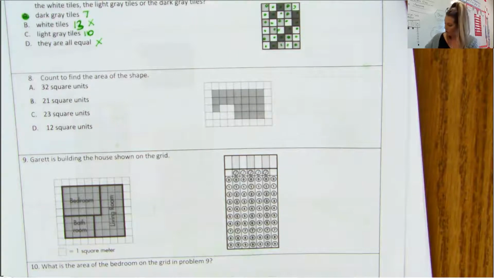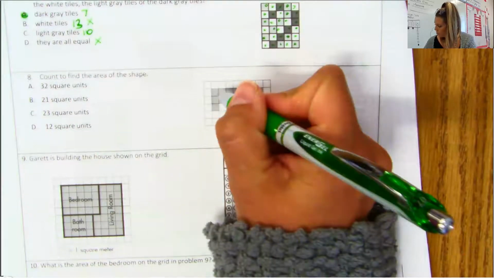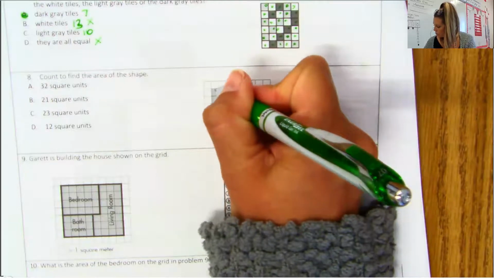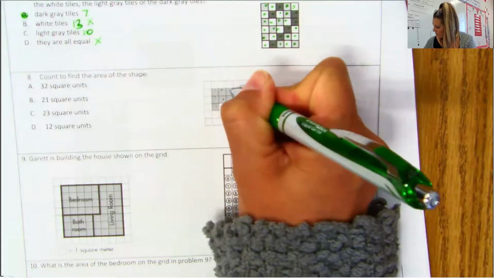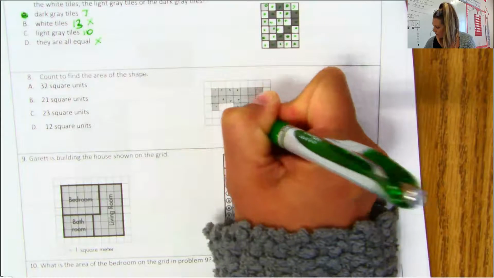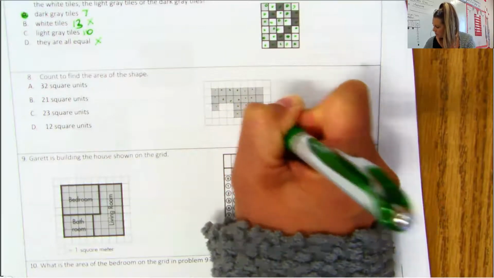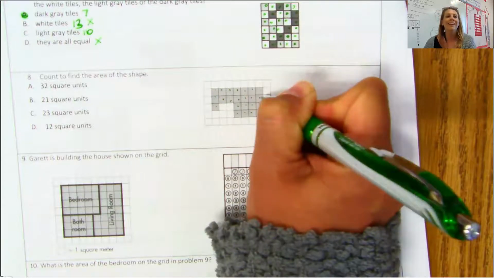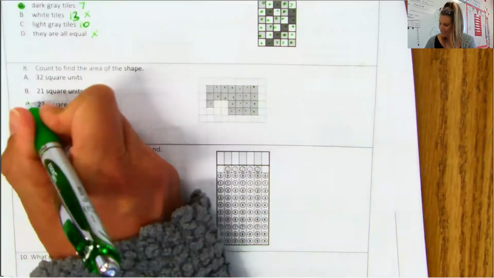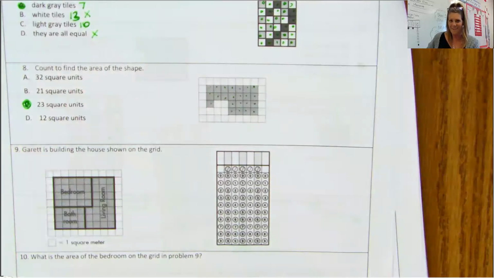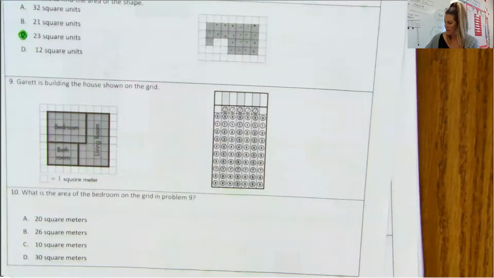If we count all of the squares, we should get, let's see, 1, 2, 3, 4, 5, 6, 7, 8, 9, 10, 11, 12, 13, 14, 15, 16, 17, 18, 19, 20, 21, 22, 23. Is that what you got? Good job.